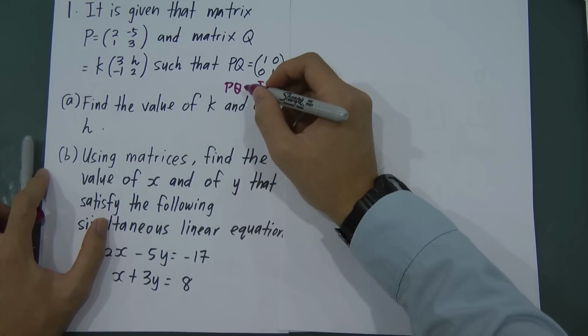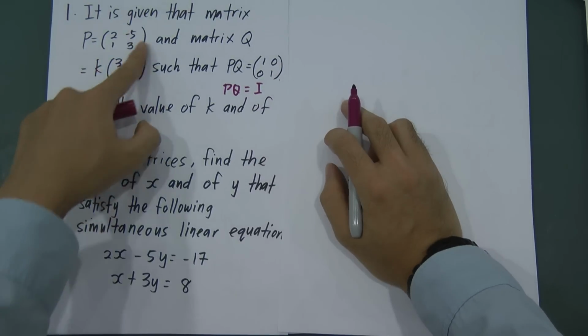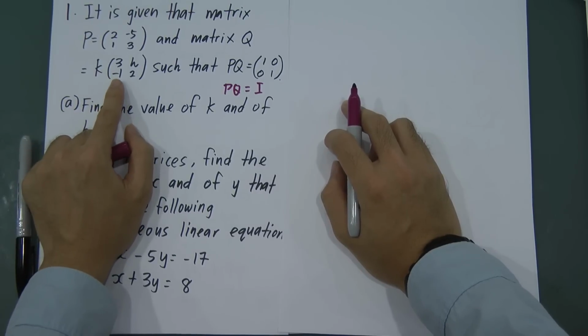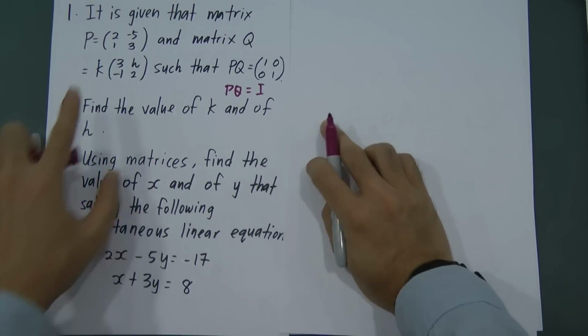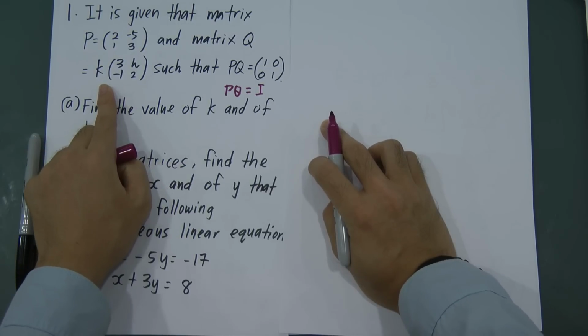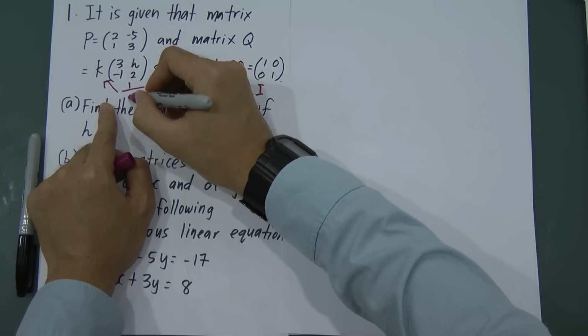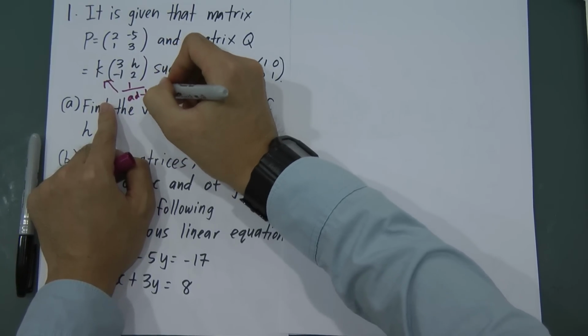So from here, I will get 2 matrices. P is like this, Q is like this. Obviously, I know Q actually is the inverse of P. Why? Because he has a K outside. I believe K is something like 1 over AD minus BC.